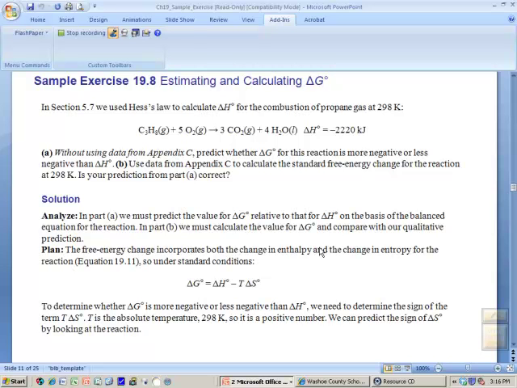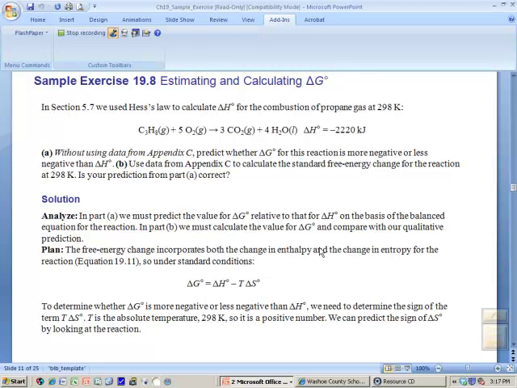They gave you delta H. It says without using data from Appendix C, predict whether delta G for this reaction is more negative or less negative than delta H. This is why I wanted you to analyze that negative T delta S value, because it's really a very good practice to do some of the critical thinking on these before you get an answer.